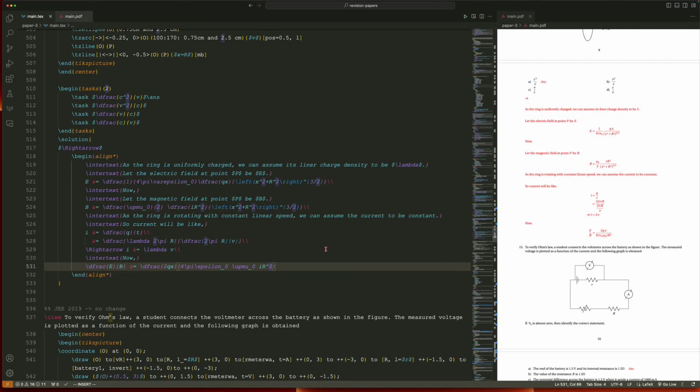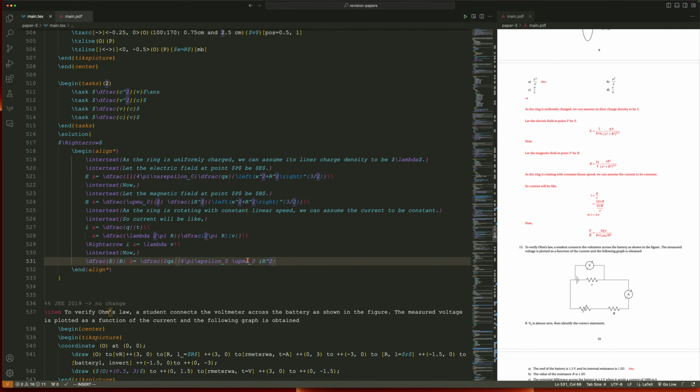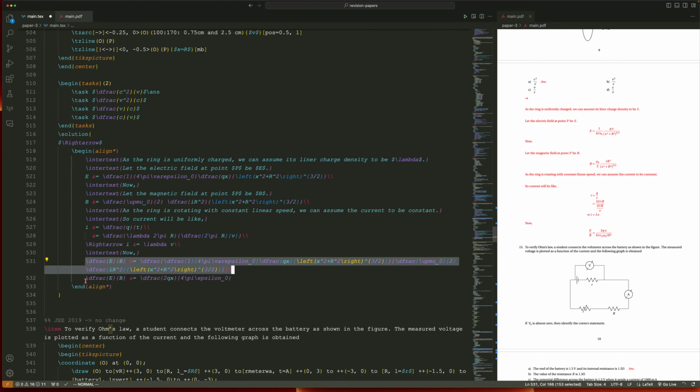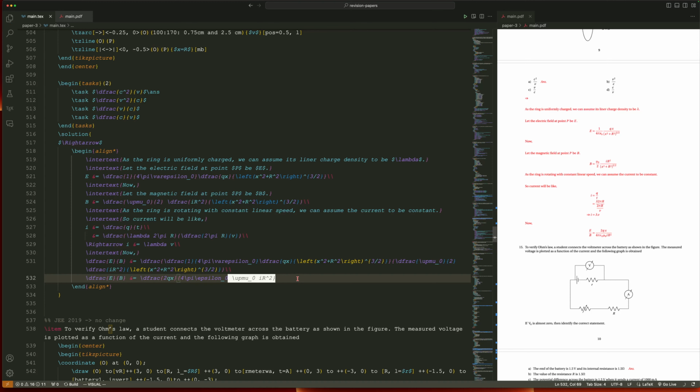Oh, what's missed? Oh man, come on. Let's copy this part, and then let's delete, command V. Yes, it's right. And then run visually.